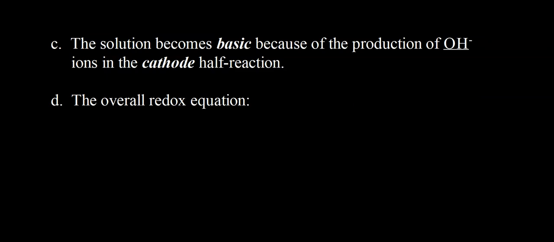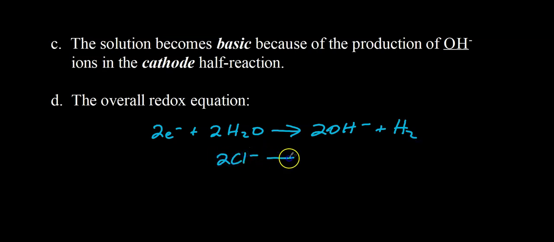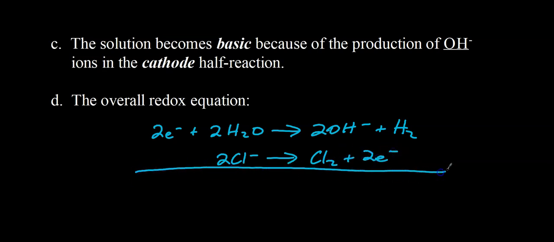So let's once again take our two half reactions and combine them. Here is our reduction half reaction. Oops, that's two waters there. Sorry about that. And then our oxidation half reaction. Looks good. We got 2 electrons gained, 2 electrons lost.